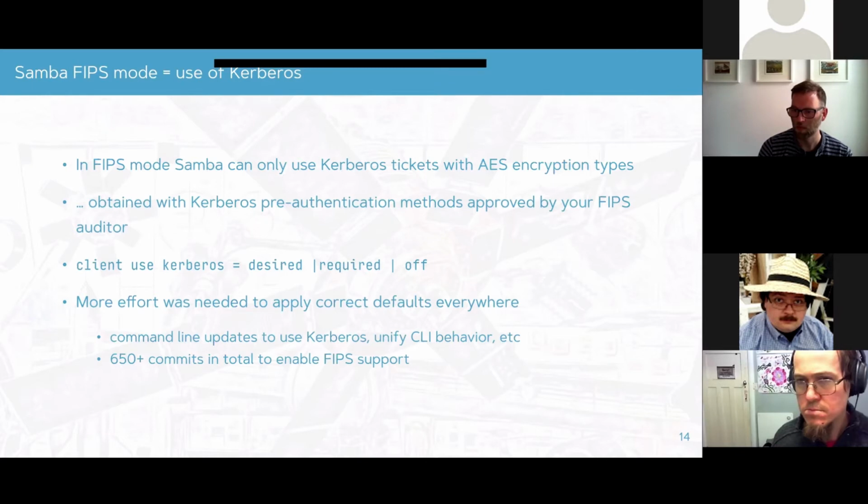So one part of it was that all the clients, all the code needs to default to use Kerberos. And in 4.15, it's already in Git master, we will have the client use Kerberos option that can be set to a particular behavior. And actually, in FIPS mode, we set it to required automatically. But you have to update everything.